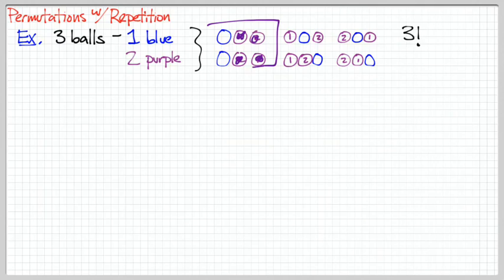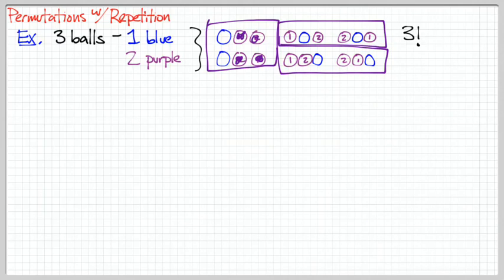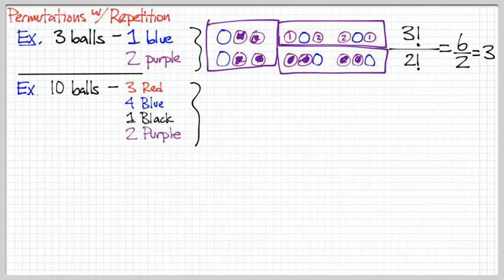And so we can't really distinguish this from this or this. So these are indistinguishable combinations of them. So what we do is we divide it down by 2 factorial. 2 factorial comes in because we have 2 purple balls that can be rearranged in 2 factorial ways. So we take 3 factorial divided by 2 factorial, which is equal to 3. So I have 1, 2, and 3 unique combinations of purple and blue balls.